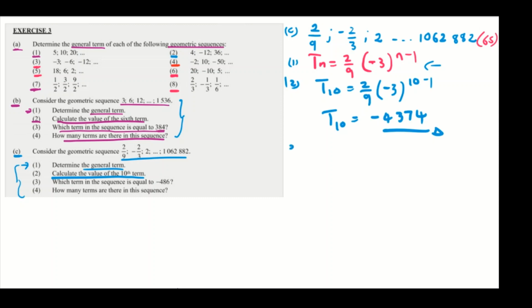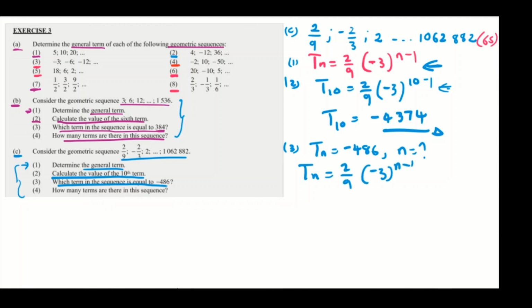And then the third part of the question, we are asked to find the term number if the sequence is equal to minus 486. So if Tn is equal to minus 486, what is n? What you're going to do is use your formula, which is Tn equals 2 over 9 into minus 3 to the power of n minus 1.